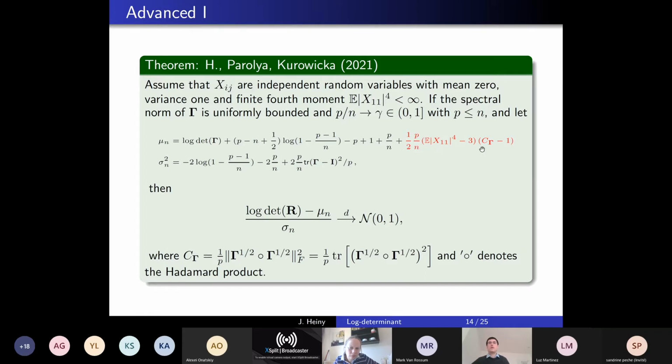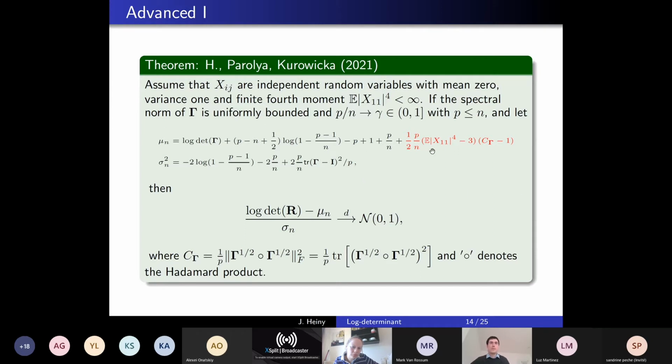So this red term disappears. And in the other case, where gamma is the identity, then this constant C gamma here, which is defined here, is 1. So then also this factor disappears. This is the extra term that you get when you have non-normality and the non-IID case.